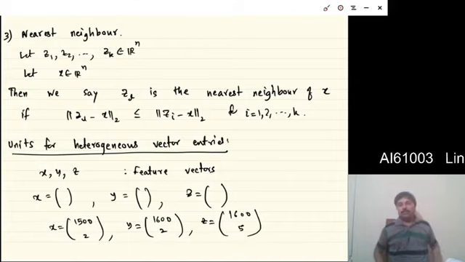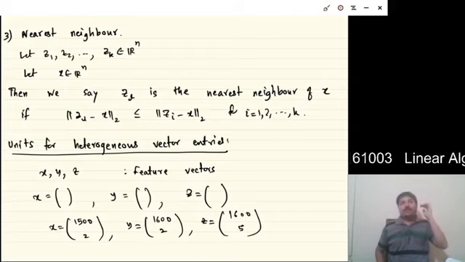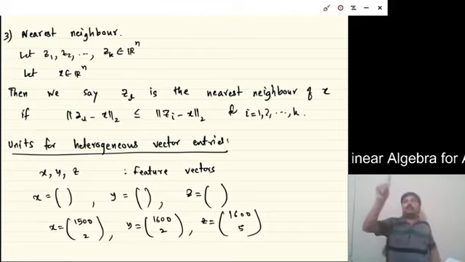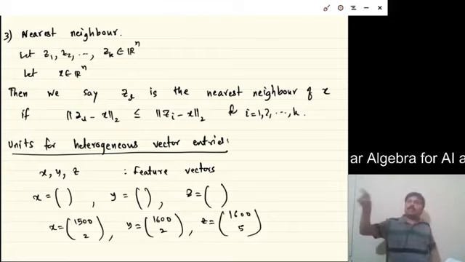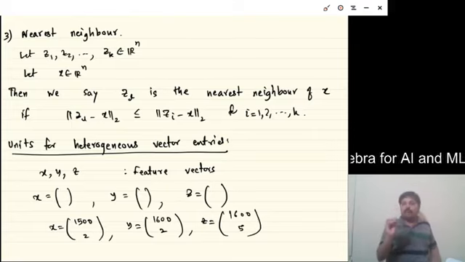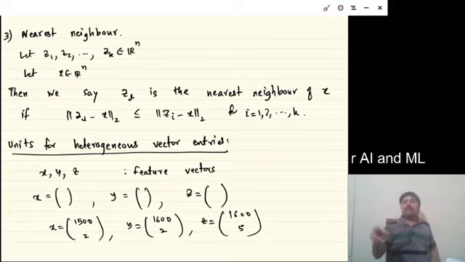So this gives rise to one of the most important concepts in norms, which is weighted norms. We will not just take the norm of x as x1 square plus x2 square plus up to xn square. Maybe x1 square I want to scale appropriately with some number. So in this particular case, x1 square I want to divide by 1000.